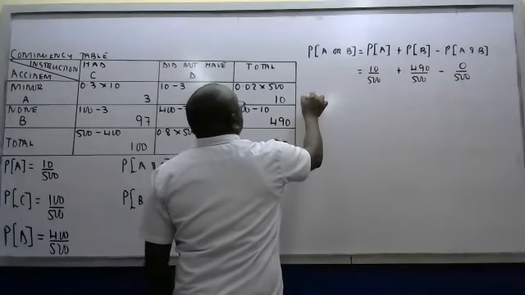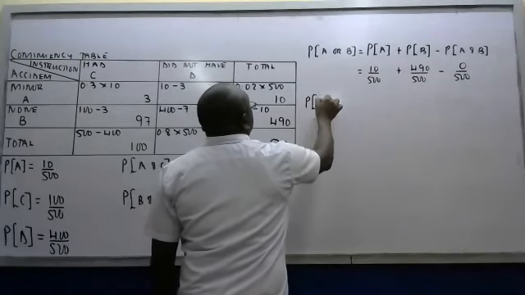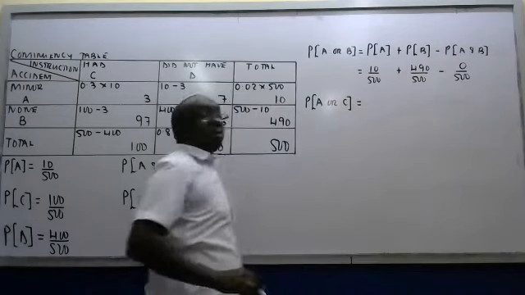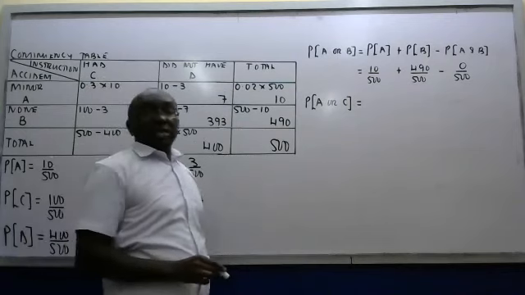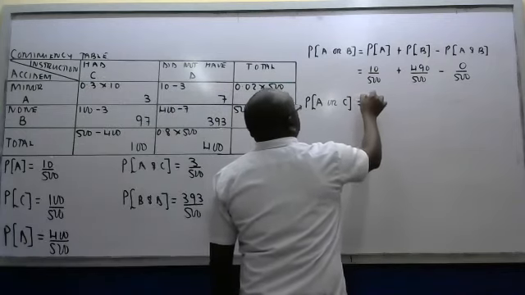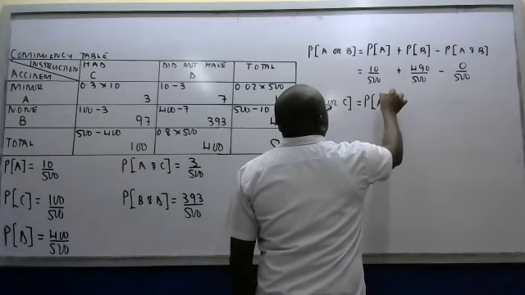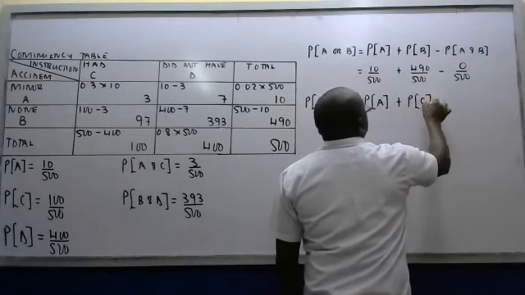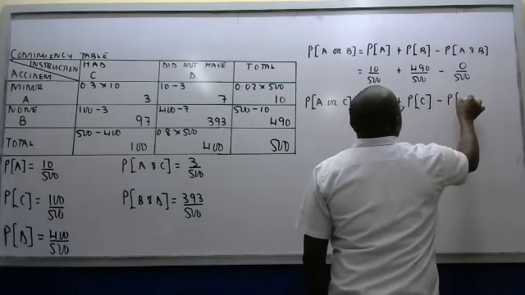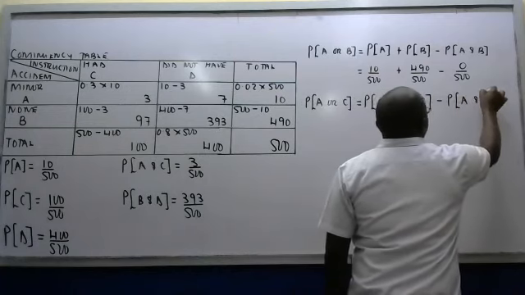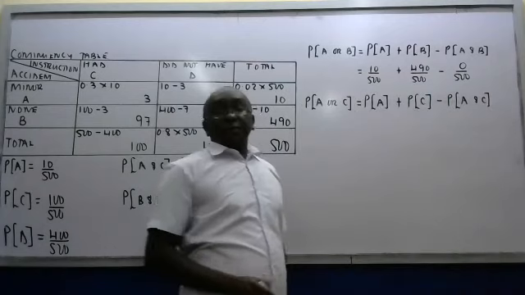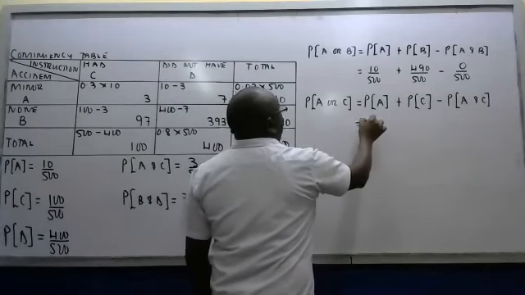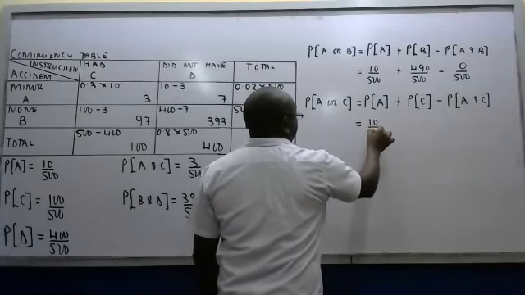But if you are told probability of A or C, it will be probability of A plus probability of C minus probability of A and C. Now, probability of A is 10 out of 500.